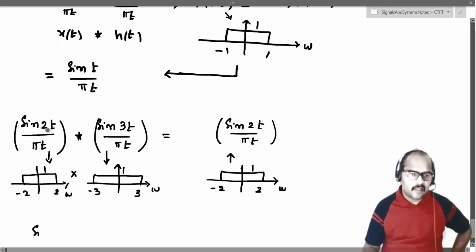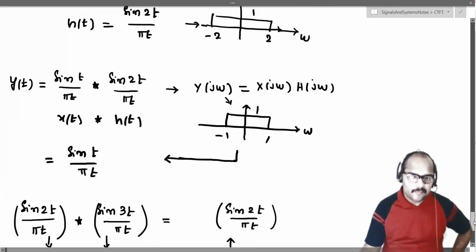Out of 2 and 3, who is minimum? 2 is minimum, and that is what you get here. The same rule applies to the earlier one: here this is 1, here this is 2, and 1 is what comes out, which is the minimum of 1 and 2.